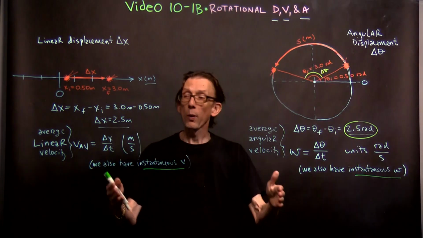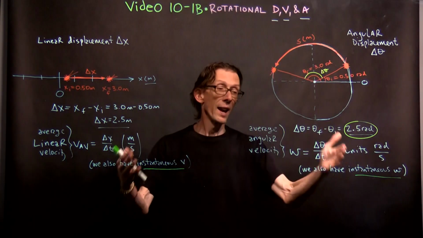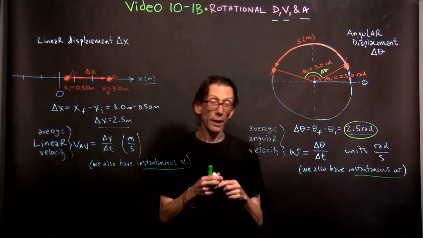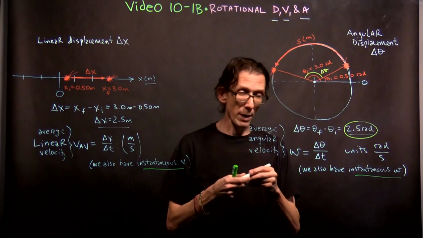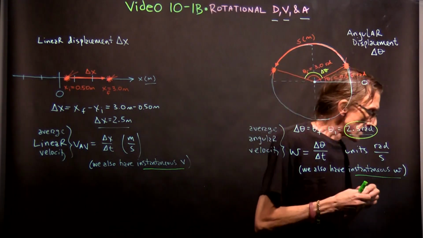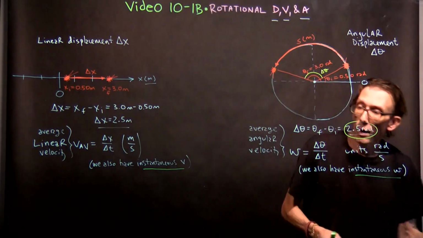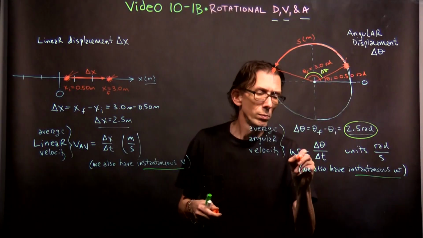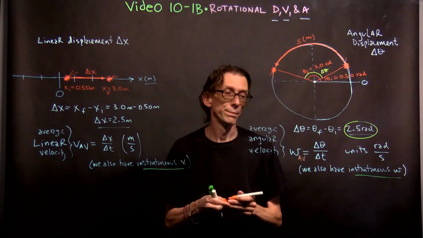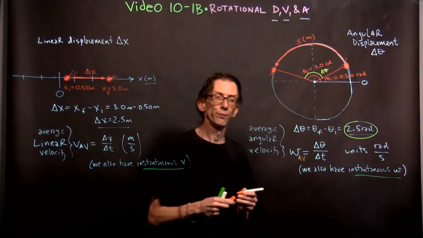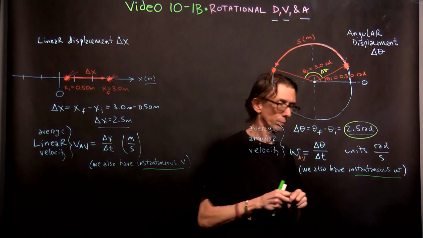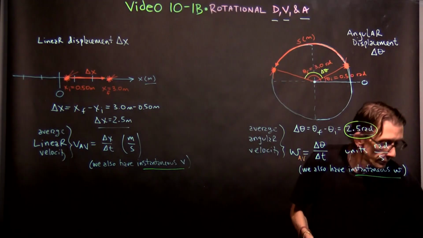So, in the same way that we had average and instantaneous, we have the same thing. And I need to put, this is important, I think I'll make it a brighter color so it'll stand out. I've meant to put average right here. Same way there's an average over here.